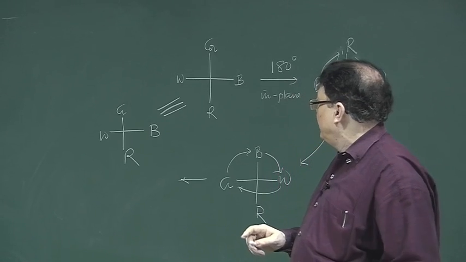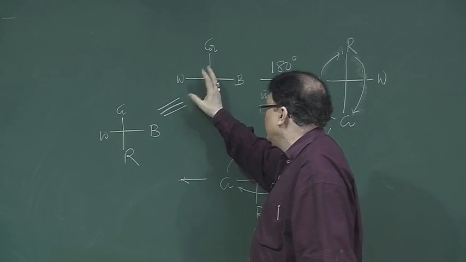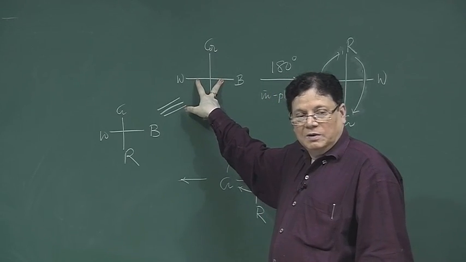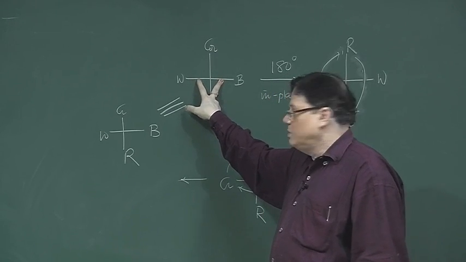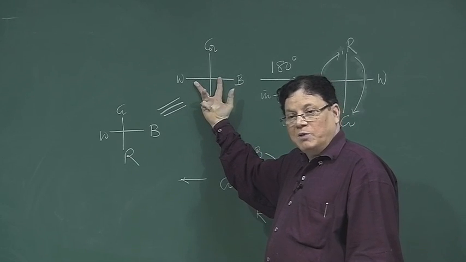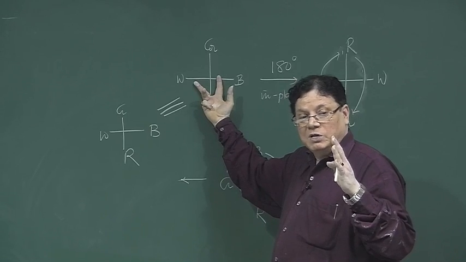180 degree out of plane rotation is not allowed, because these two bonds are towards you. If you do a 180 degree out of plane rotation, you are disturbing the Fischer projection, the basic premise of the Fischer projection.